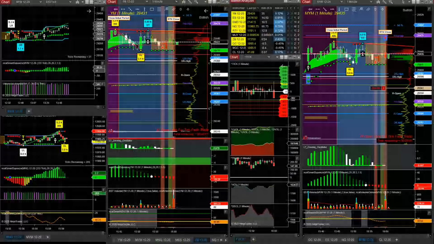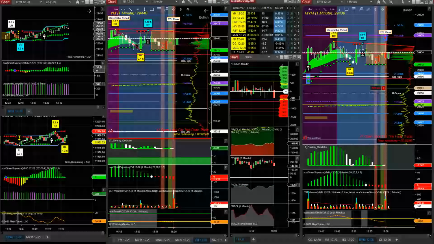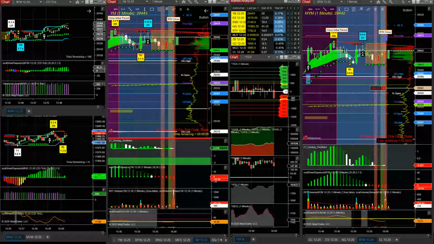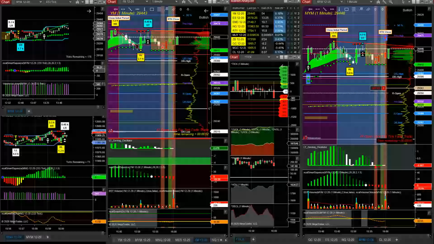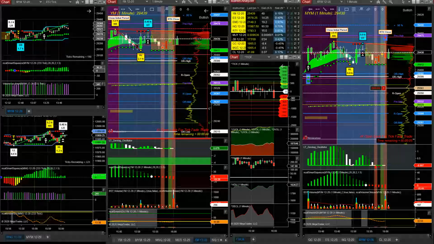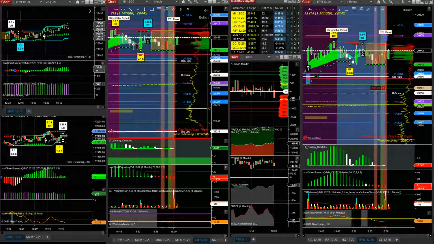On my option play, I had on a butterfly on Tesla for like 2 months. I bought it for 24 cents. That Tesla by this Friday, by the 20th, it would get to 500. Guess what? It actually got there already.